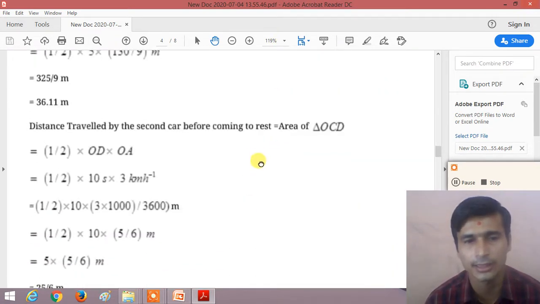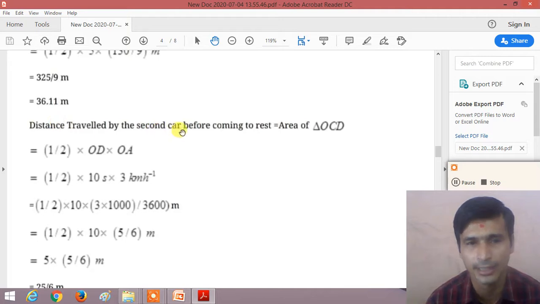The distance traveled by the second car before coming to rest is the area of triangle OCD. So it is equal to 1/2 into OD into OC. So 1/2, the value of OD is 10 seconds, into the value of OC, 3 kilometer per hour. We need to convert this 3 kilometer per hour into meter per second. How do we convert?